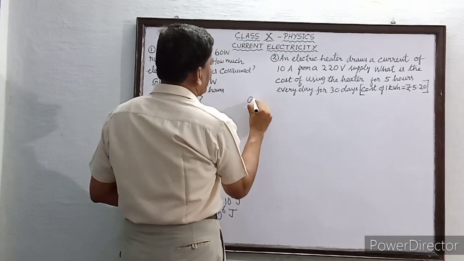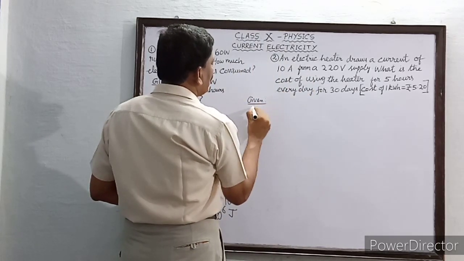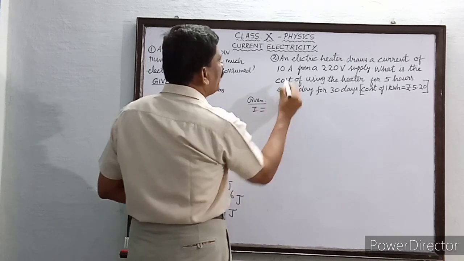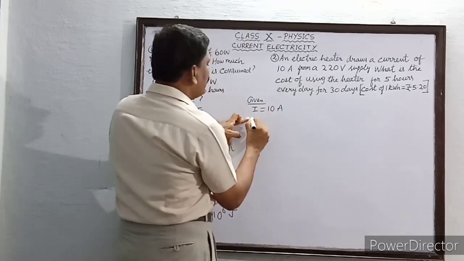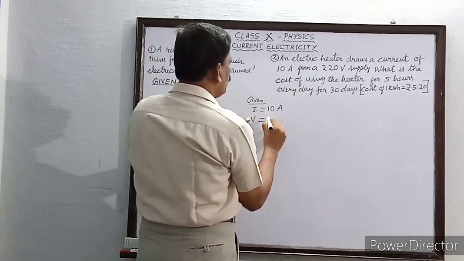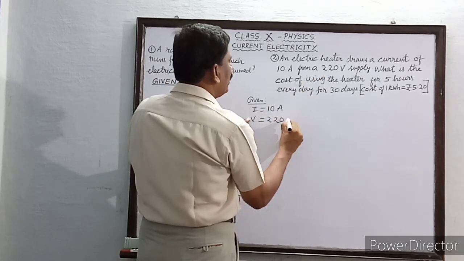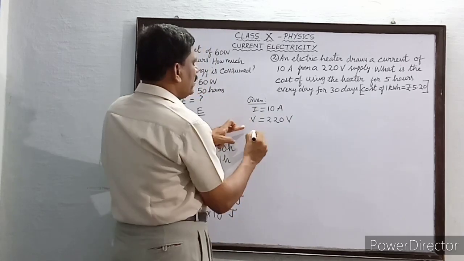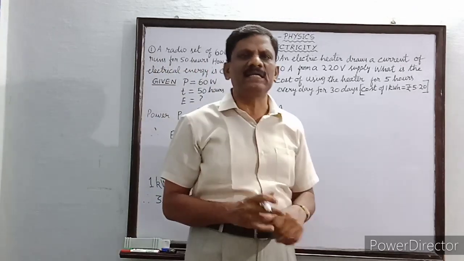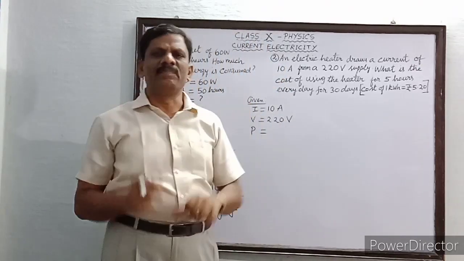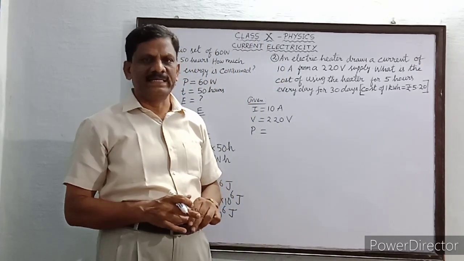So I will write here given. Given current is equal to 10 ampere and the voltage V is equal to 220 volt. And therefore the power, what is the power? How will you find it if voltage and current are given? Power is the product of voltage and current.